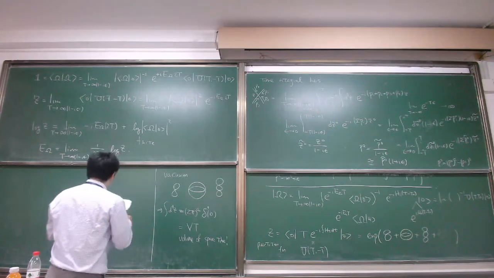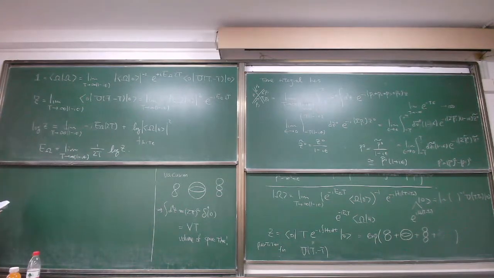To get the vacuum energy density, we divide by V, the volume of space-time.